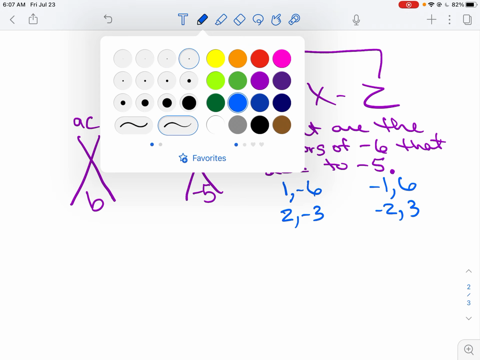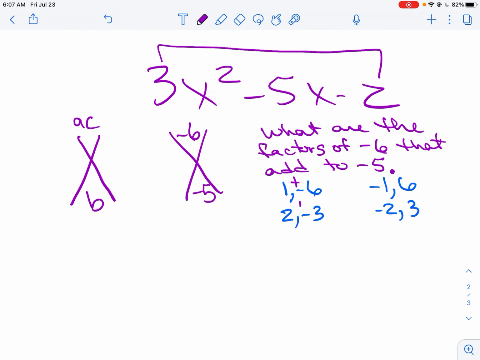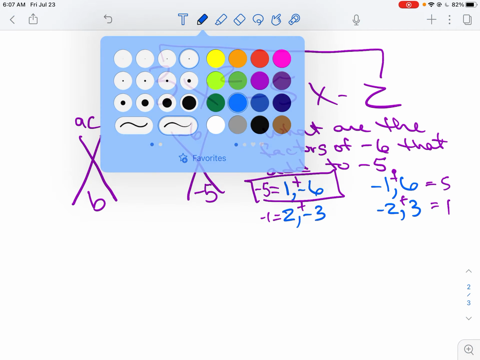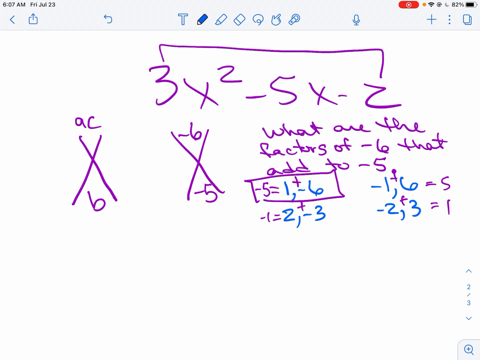So if I was to add these together, which ones come out to -5? 1 plus -6. Oh, look at that. You can do all the rest of them, but you've already found that this is the set that comes up with the -5. So 1 and -6.